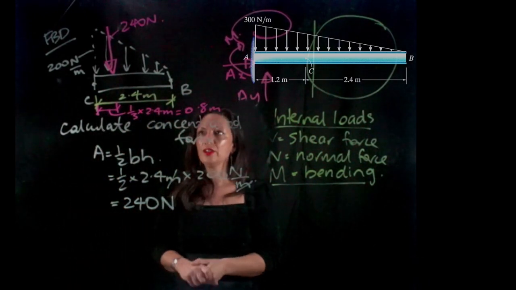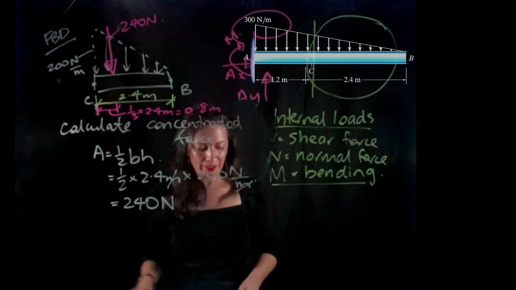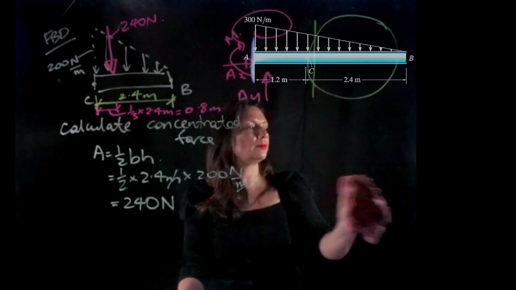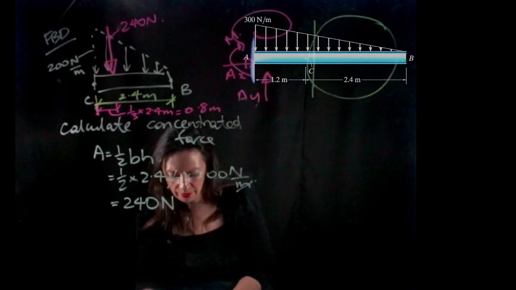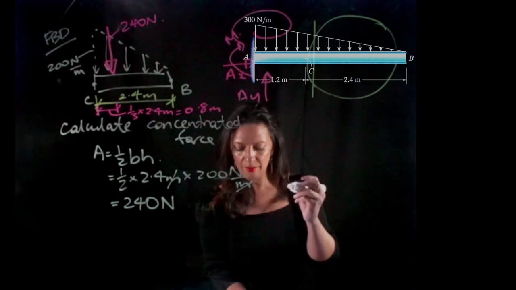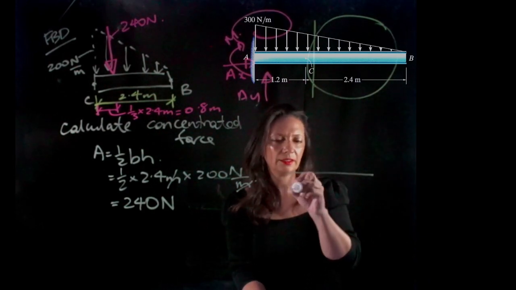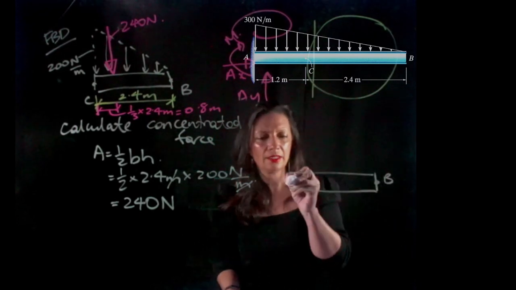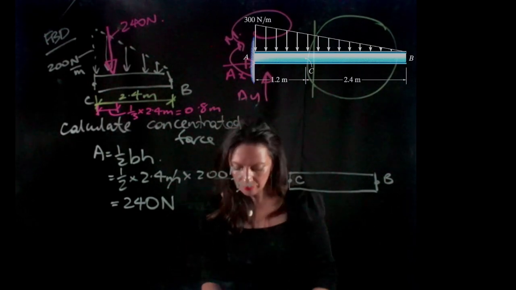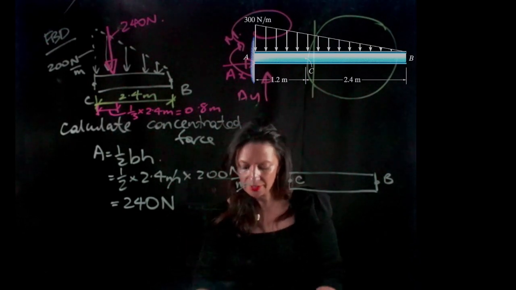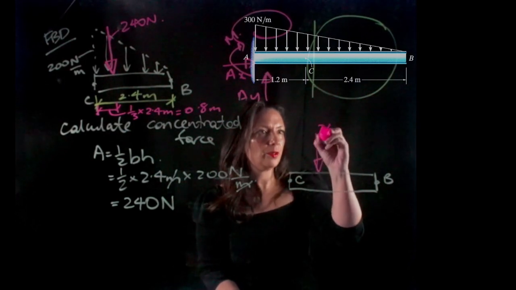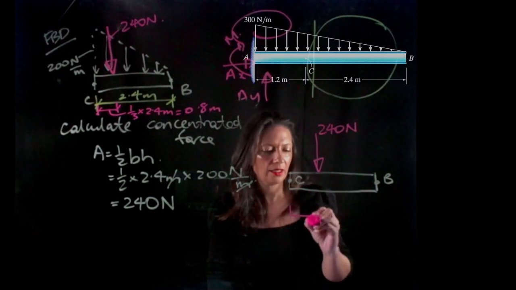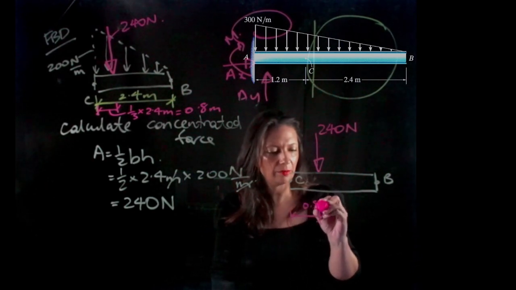Okay, so let's redraw a free body diagram. I'm actually going to clean this up and draw it here. Guys, I hope you realise how many free body diagrams I draw. Here is B, here is C, and I know that I have 240 newtons, and from C that is 0.8 meters.